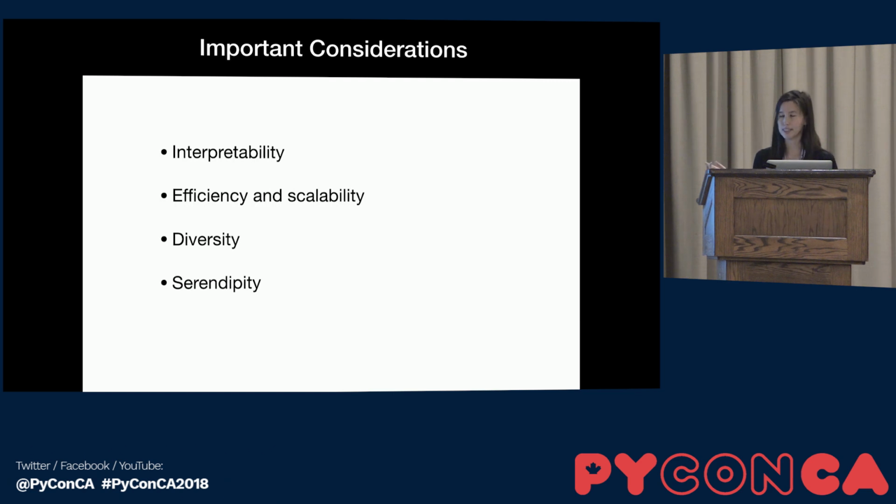And although these considerations are a bit outside of the scope of this presentation, I think it's really important to take into consideration interpretability, efficiency, diversity, and serendipity when we build our pipeline. So you could technically build an extremely complex neural network that gives us very precise results, but you won't be able to interpret these results, and the runtime might be very slow, so it's not very scalable for larger data sets.